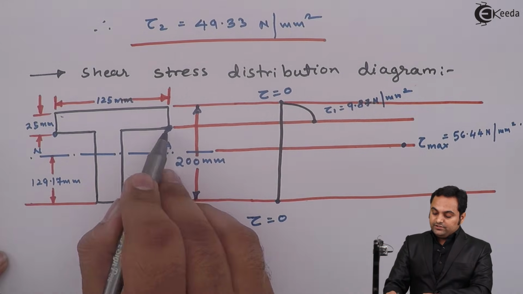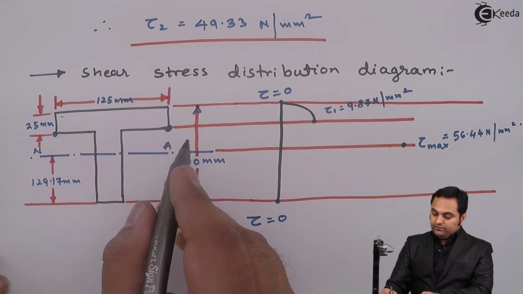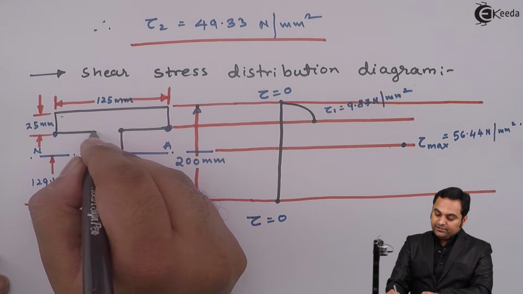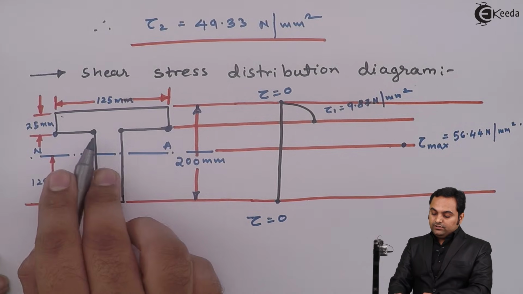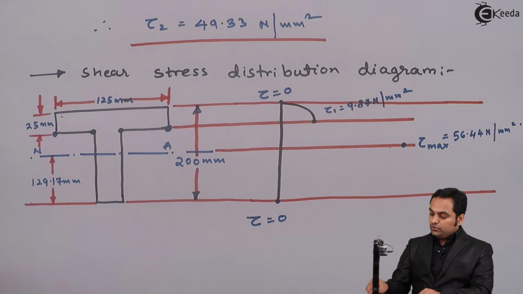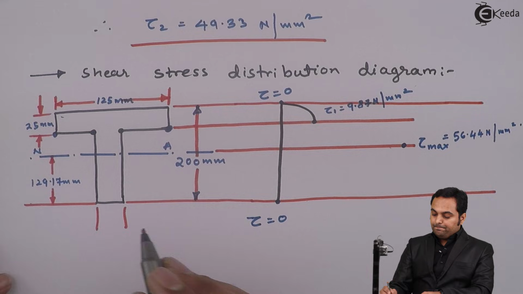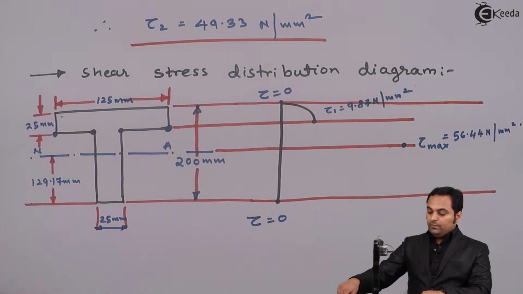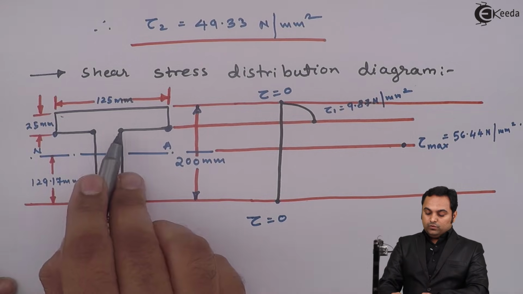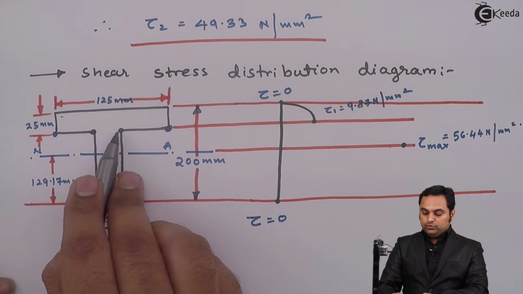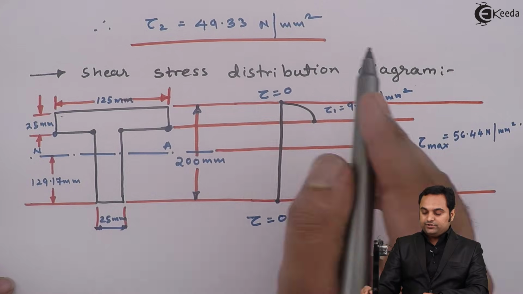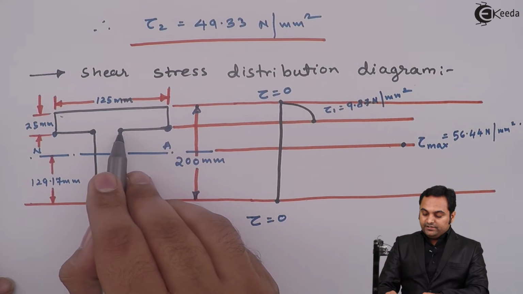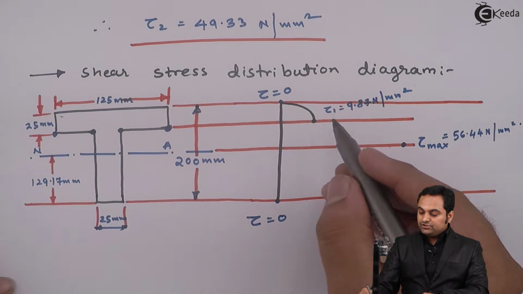Then after these points we had calculated the shear stress at the inner junction taking the width of the web, which was 25 mm. So here at web width equal to 25 mm, the stress was 49.33. So when area decreases, as we can see here, stress will increase.